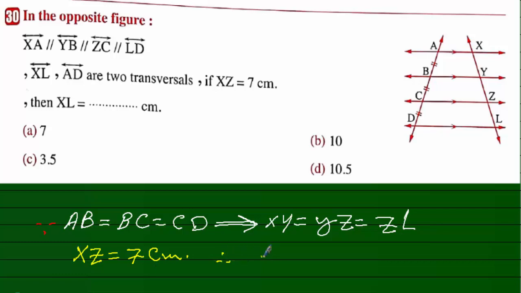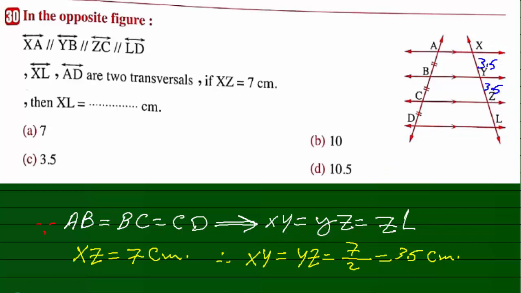Then XY equals YZ equals 7 over 2, which equals 3.5 centimeters.